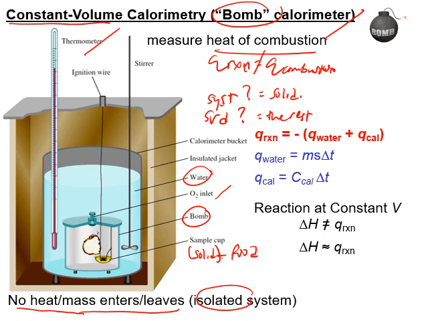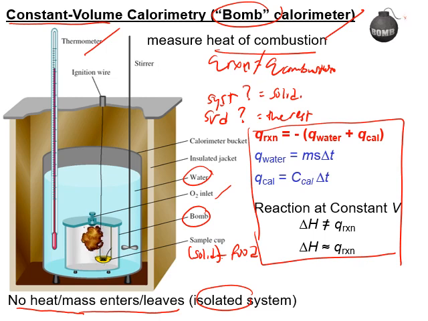What I want to go through here, more importantly, is the formula that you use in calculations. The Q reaction is equal to minus (Q water plus Q cal). Put another way, Q reaction is equal to negative Q surrounding.